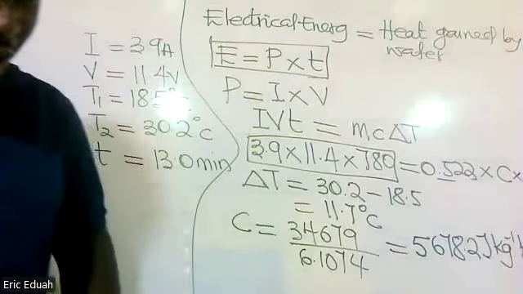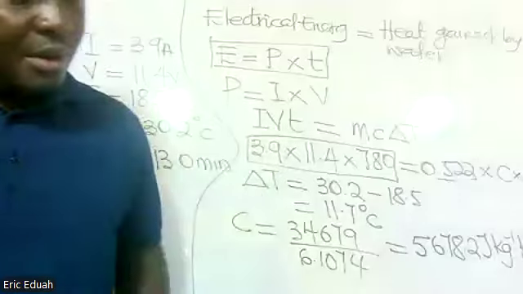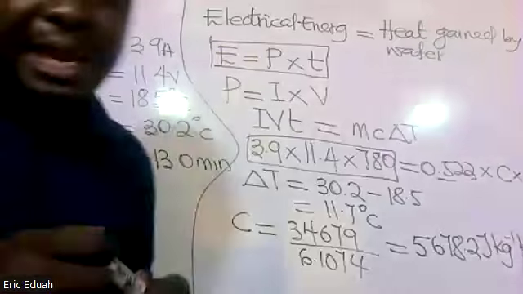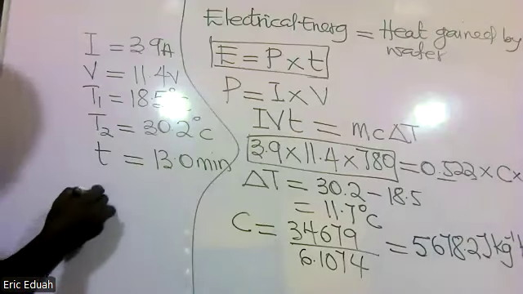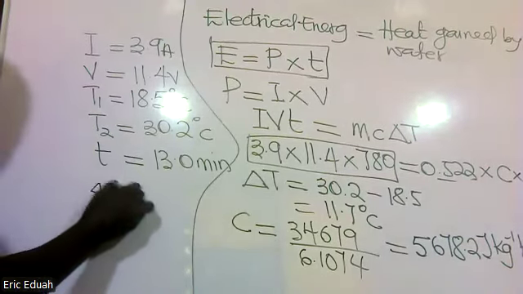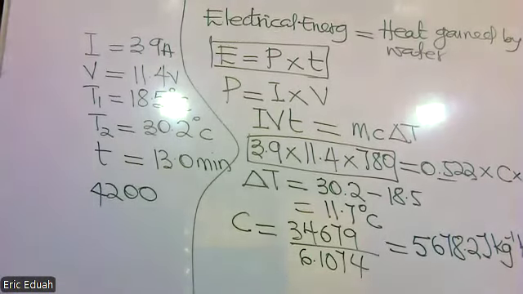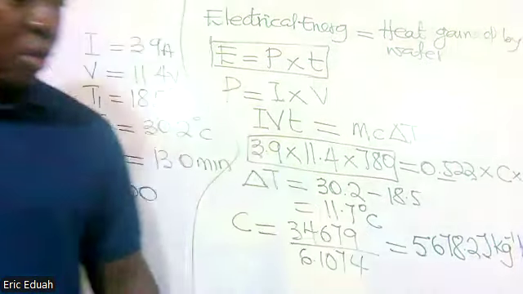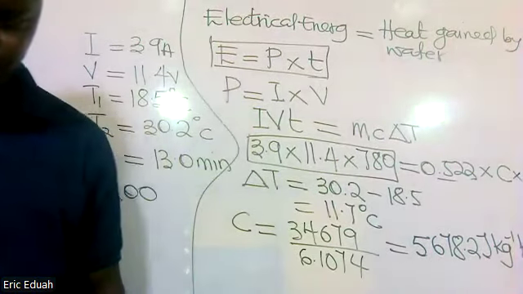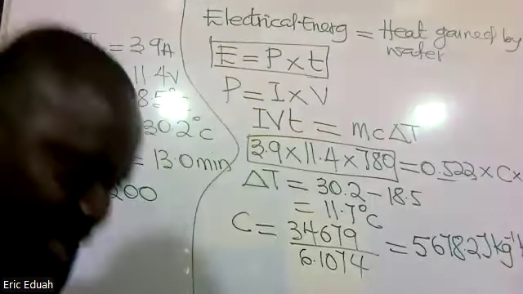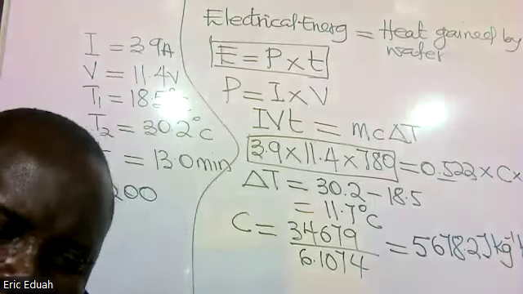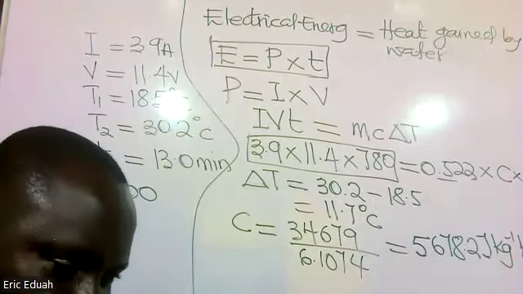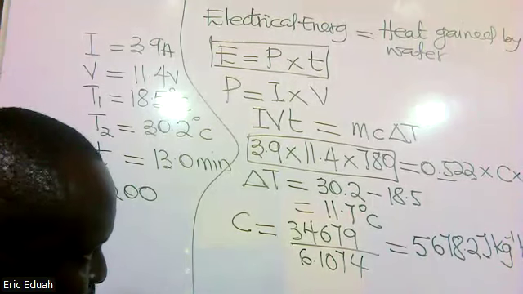Okay, you see, another possible error is that the specific heat capacity of water must be around this, but it is 5,000 and some change. You see, because we also ignored the heat gained by the beaker, it will also introduce an error.